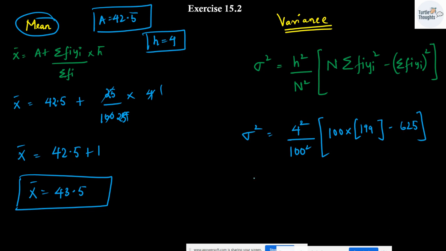Now upon solving the same, here it is going to be 16 and 100. 100 can be taken outside, and I can solve this one. This is going to be 19900 minus 625, multiplied by 16 divided by 10,000.